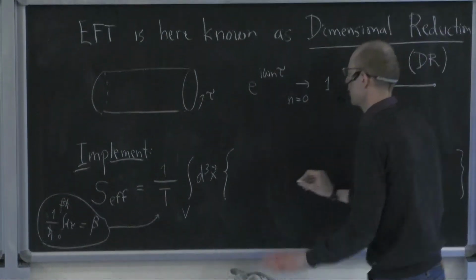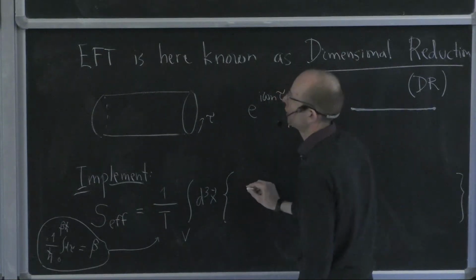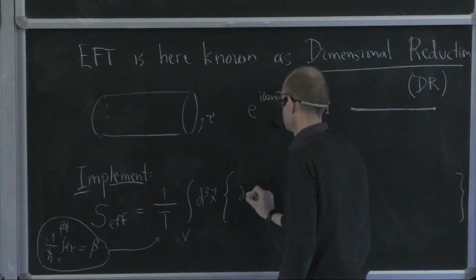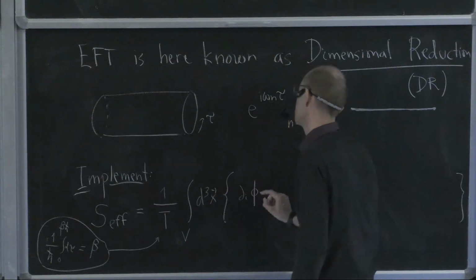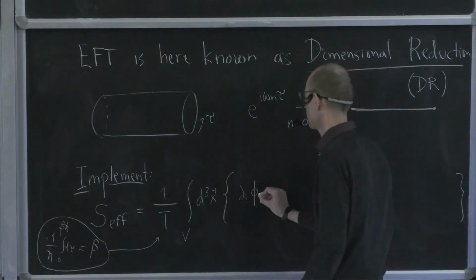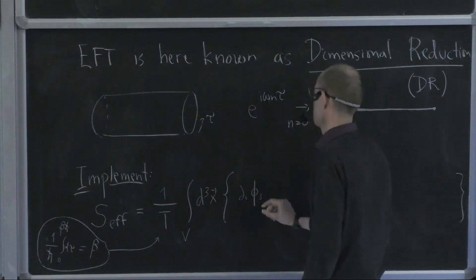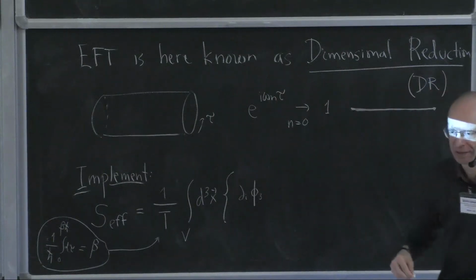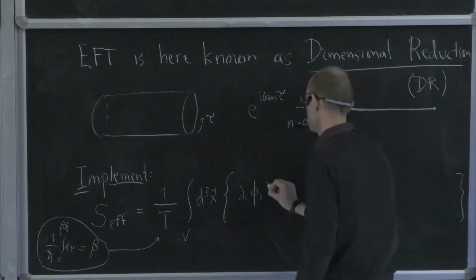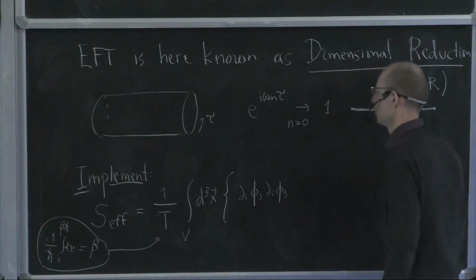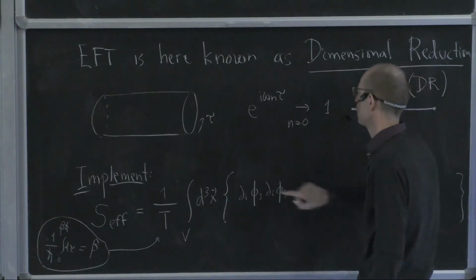And so what would I write here? I can start by writing exactly the same as we had before, but now I should call the fields something different. They are not exactly the same fields that we had before. They are somehow related, but the normalization of the field can also be affected by integrating out this other mode. So I write d i phi 3. Phi 3 is now my zero mode living in 3 dimensions.